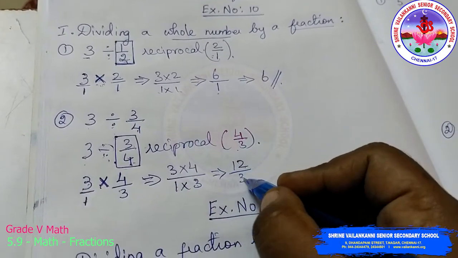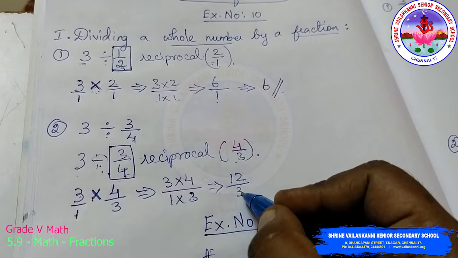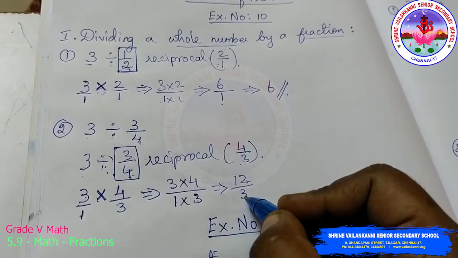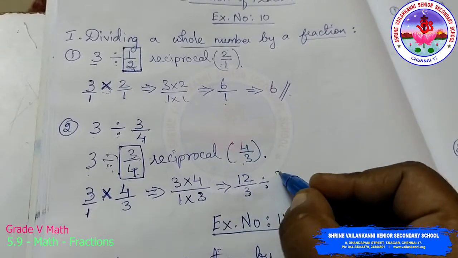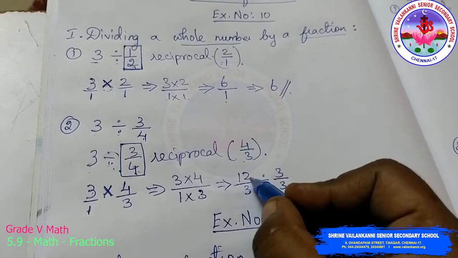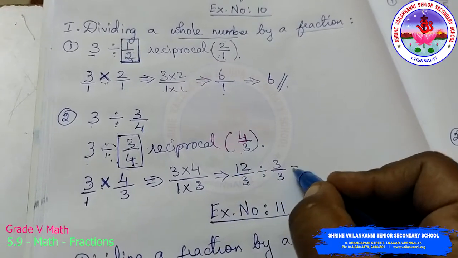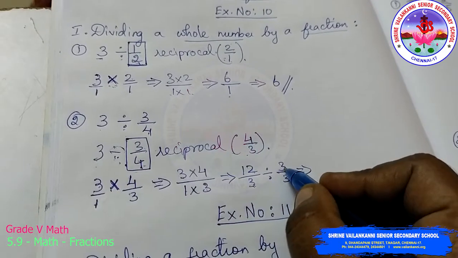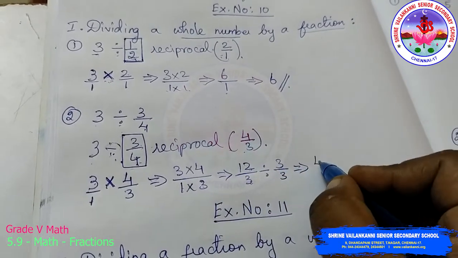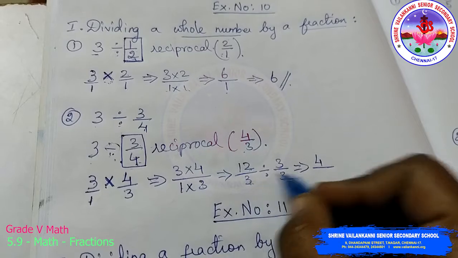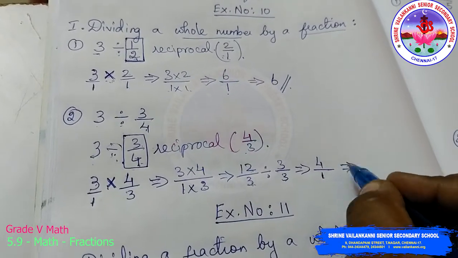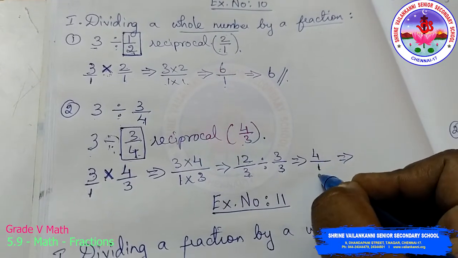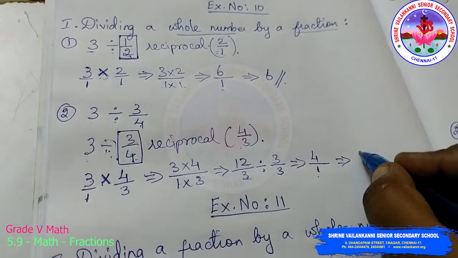So this is 12 by 3. Can you find the common factor for 3 and 12? Yes, in the 3 table, 12 will also come, 3 will also come. So I am taking 3 as a common factor and doing division. In the 3 table, 4 times 12 will come. In the 3 table, 1 times 3 will come. So any fraction which has the denominator 1, you will consider as a whole number.